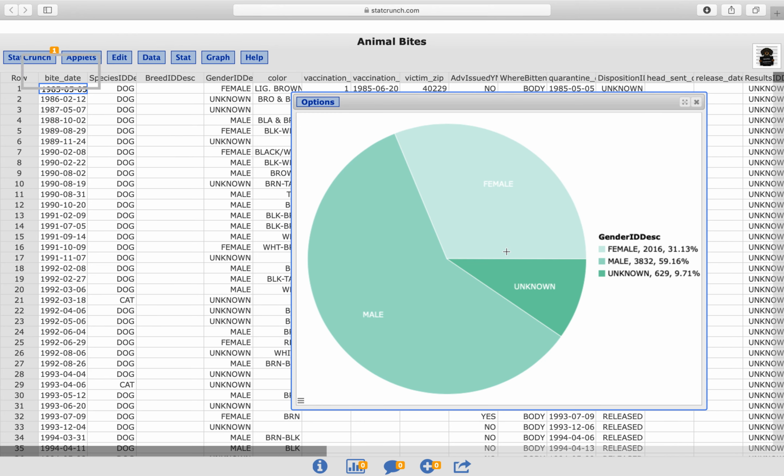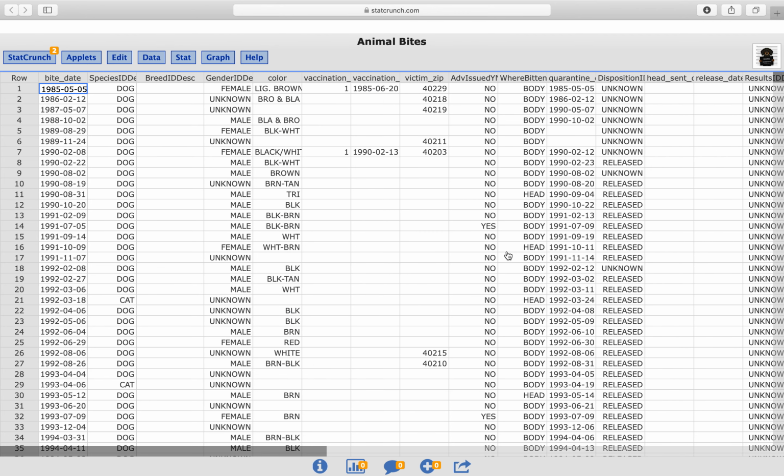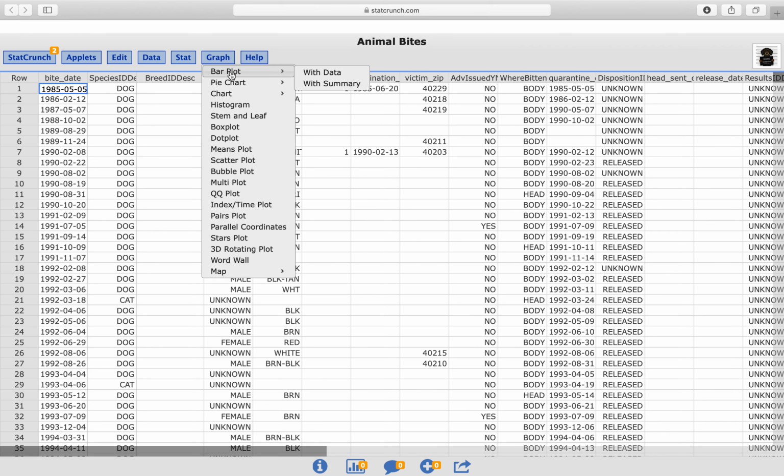Our second type of graph we can use for categorical data is a bar chart, and we use this for comparing. Say we want to compare the male and females within each of our species. We're going to go into Graph, and this time do Bar Plot with Data.